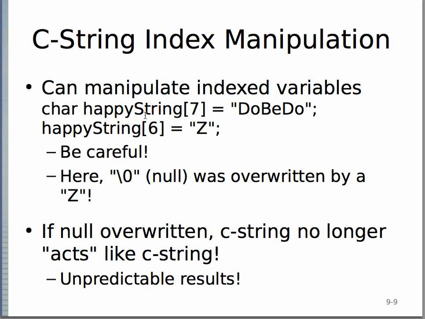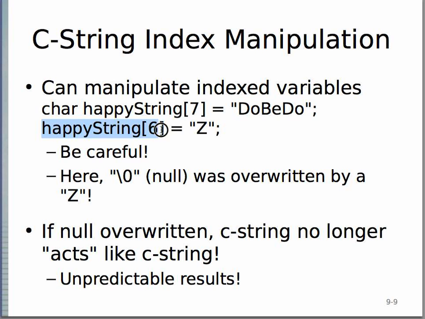So for example, let's say we have a 7 location array of characters, which we initialize to have these 6 characters plus the null termination character at the 7th location, location 6.